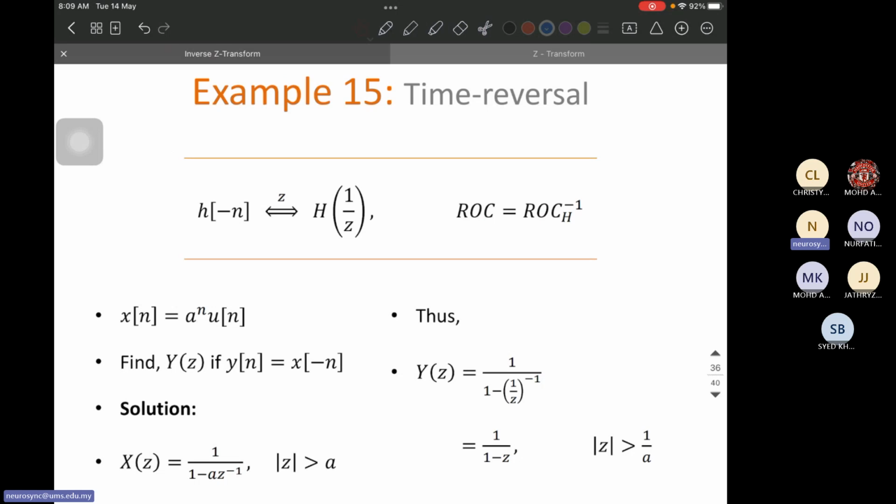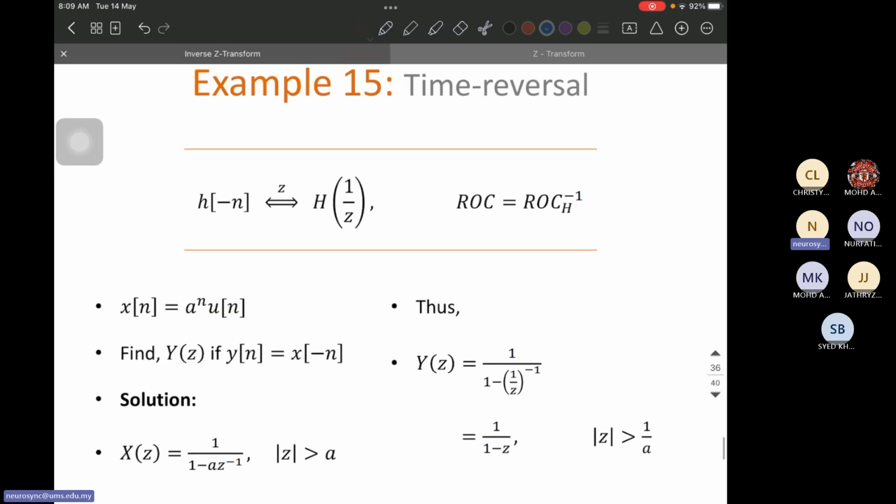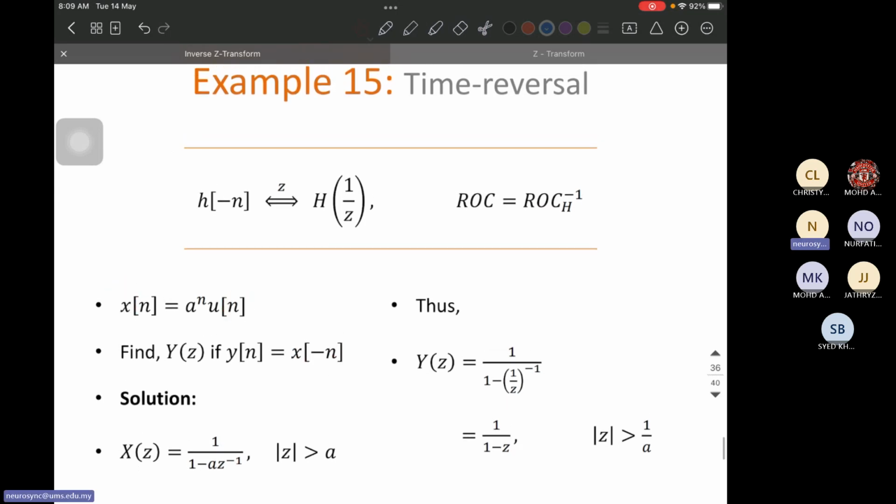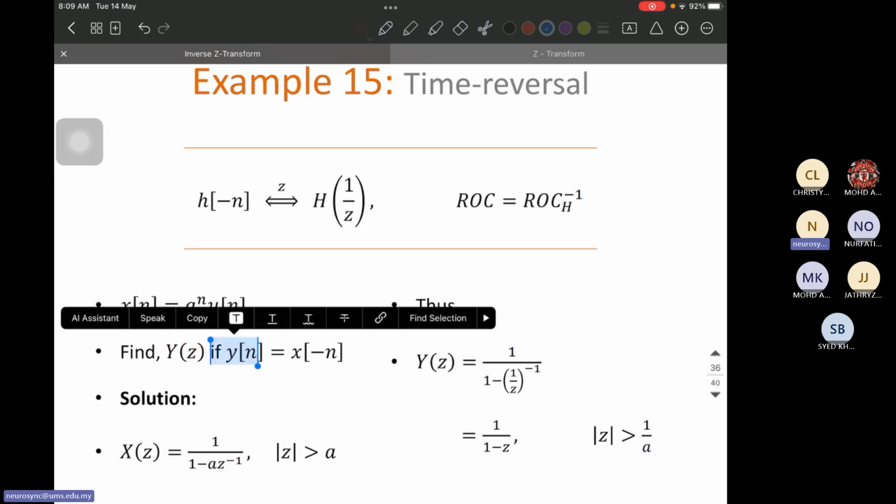So suppose I am having x of n equal to a to the power n u of n, and find y of z if y of n is x of minus n. The question, please understand: x of n is given. Find y of z if y of n is x of minus n.